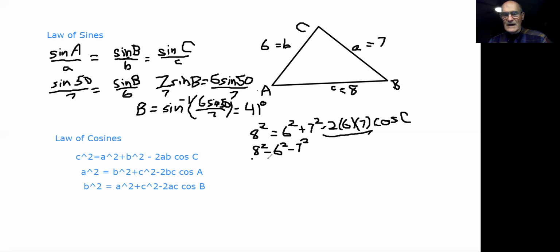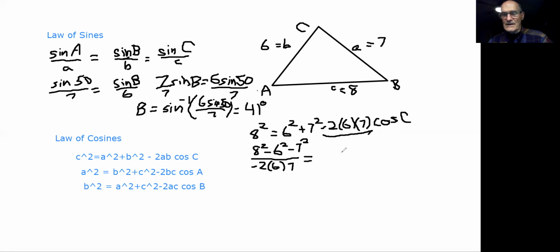So I divide by minus 2 times 6 times 7, and that would equal cosine C.